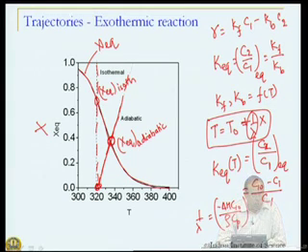So, how should we operate these reactors? Clearly operating either as an isothermal reactor or as an adiabatic reactor is not an ideal scenario. We have to find a combination of these two cases. So, how do we go about doing that?